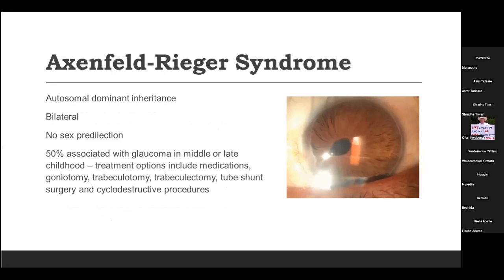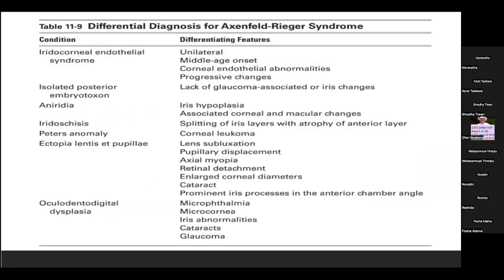It's usually bilateral. 50% are associated with glaucoma in middle or late age. And again here, the differential diagnosis of Axenfeld-Rieger syndrome can be ICE syndrome, aniridia, Peters anomaly, etc.